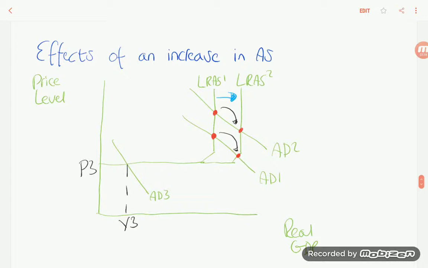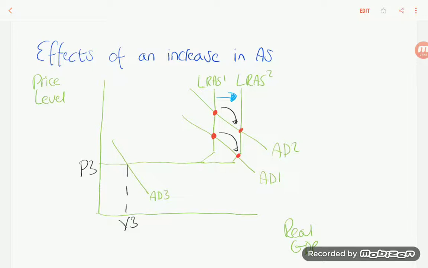With a Keynesian LRAS curve, the effects of an increase in AS can also be slightly different. If AS increases from LRAS1 to LRAS2, there is a change in the macroequilibrium if AD is either AD1 or AD2. However, if AD is at AD3, there is no change in the equilibrium.